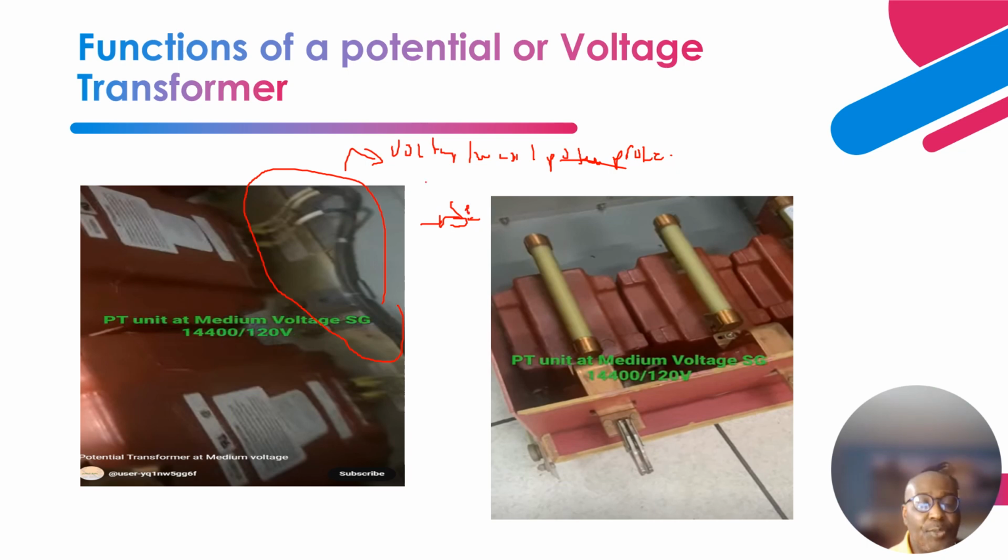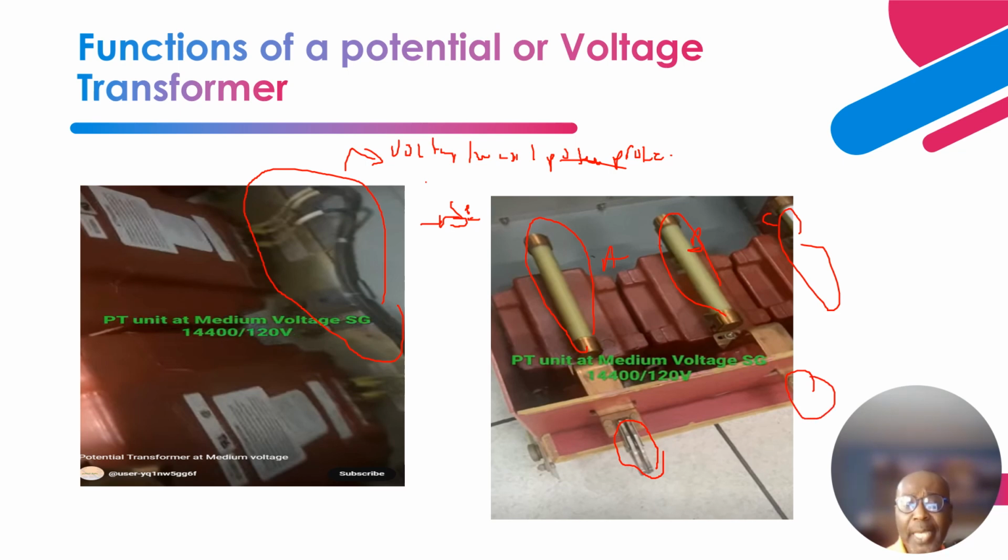The primary side is fused, and this one is the fusing for the primary side. Okay, it's three of them, three fuses, one in each phase. Phase A, phase B, phase C, right? Okay, so these are called fingers, based on how they look.